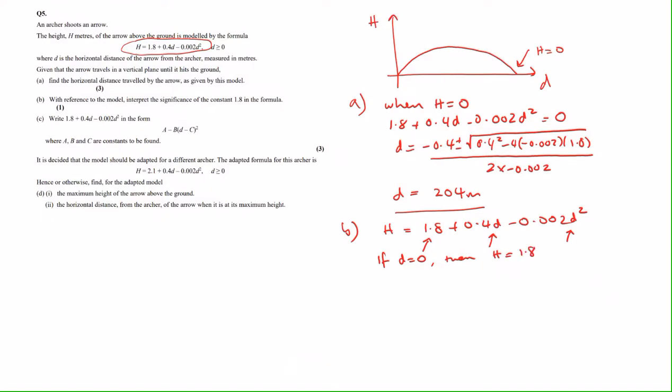So that's saying when the horizontal distance is 0, we get 1.8, which is basically here at the beginning of the archer shooting the arrow. So what I've drawn here is not quite correct then. It actually means that it starts above the ground, and that would be the initial height of the arrow above the ground.